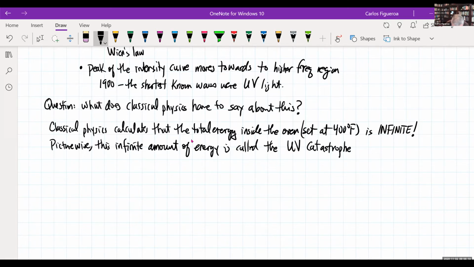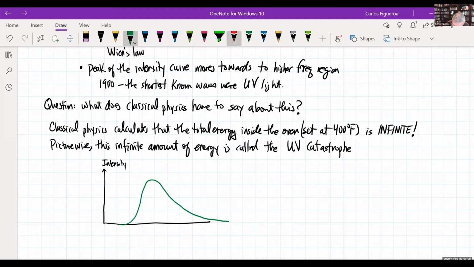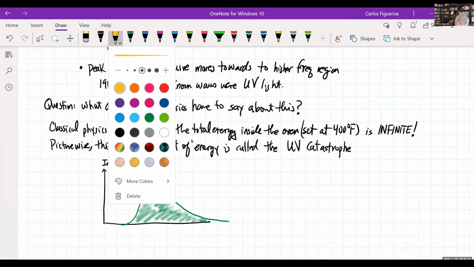Picture-wise, it kind of looks like this. Here's my intensity again, and then I'm going to look at my curve. It kind of looks like this, and then it goes like that. This is the Blackbody radiation curve. And when I look at classical physics, what does it actually predict?